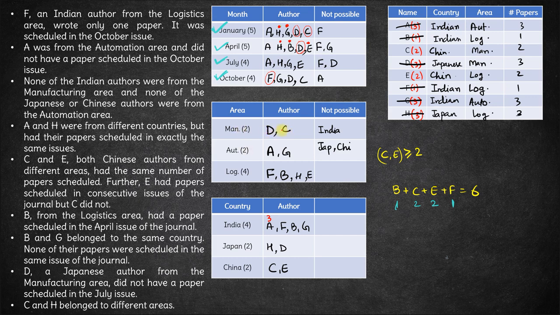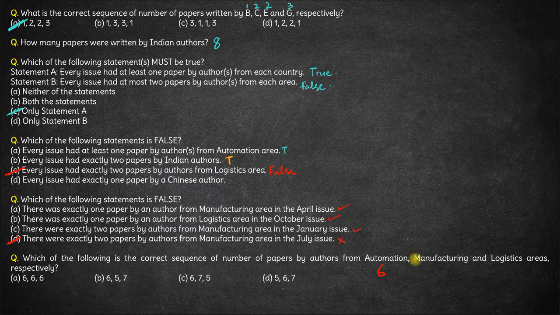Manufacturing is D and C. So C gives us 2 papers and D gives us 3. So 2 plus 3 is 5 papers. Out of 18, 6 are from automation and 5 are from manufacturing. 6 plus 5 is 11. Hence remaining 7 papers must be from logistics area. So the correct sequence is 6, 5 and 7. Hence option B is the right answer for this question.